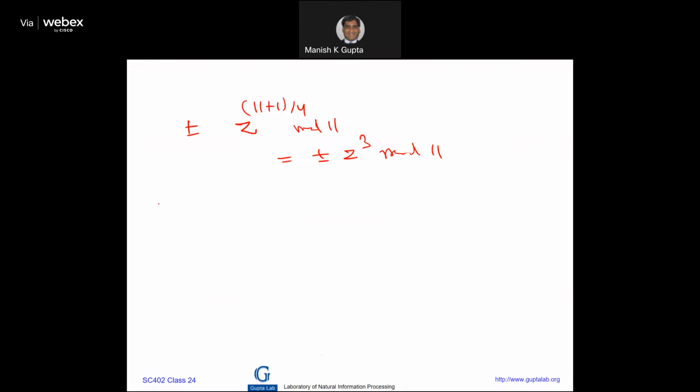So now basically I can check. I'll write x cube plus x plus 6 mod 11, whether it is a quadratic residue or not, and what is the value of y. If x is 0, the right hand side quantity is 6. Quadratic residue, no. x equal to 1, this value is 8.